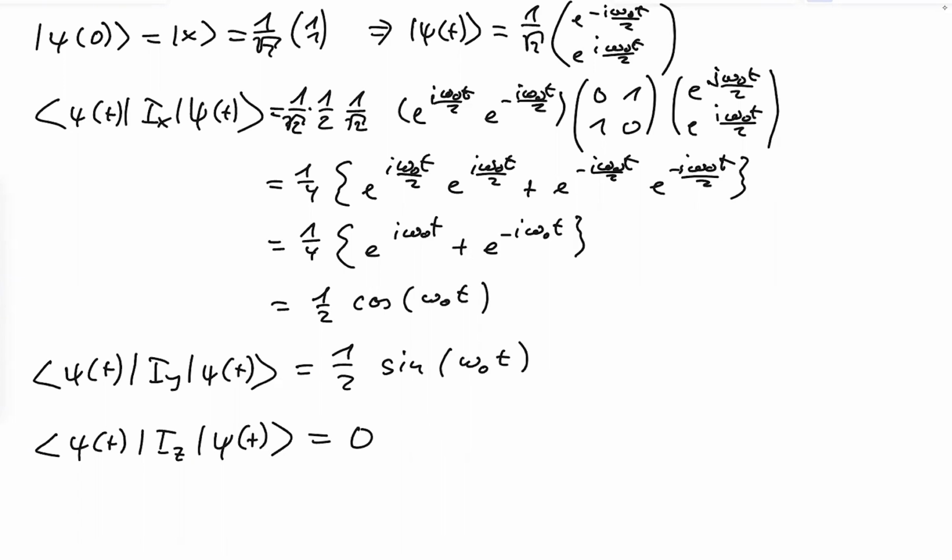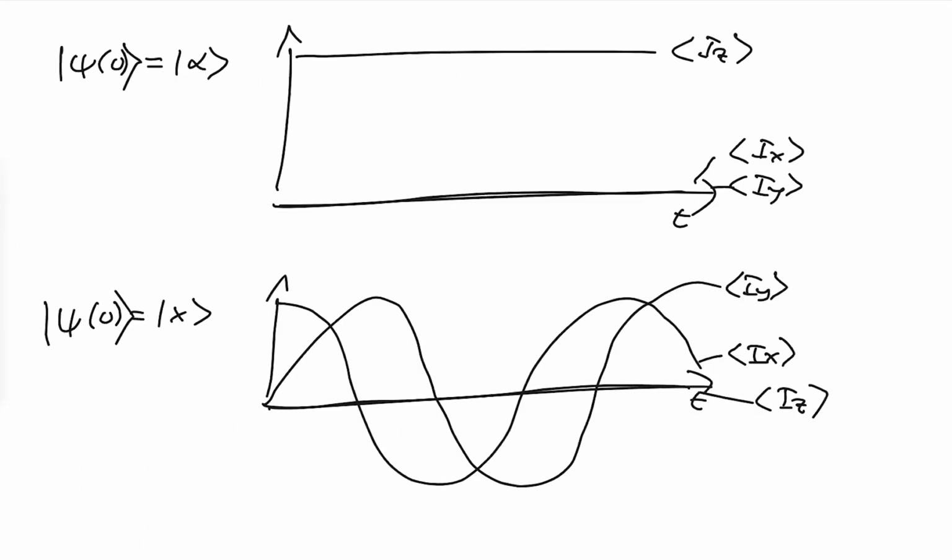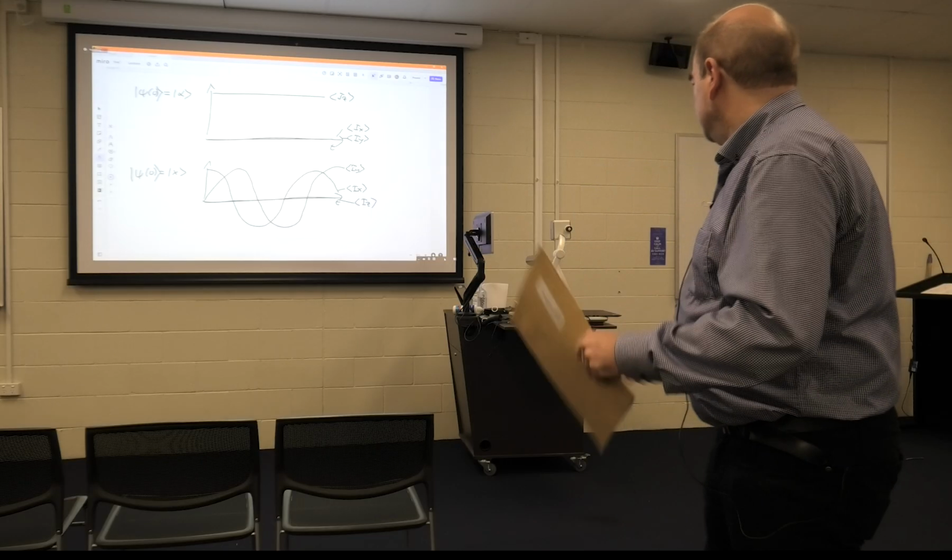On the other hand, if we have an x state in the beginning, then the x state will rotate with cosine omega 0 t plus the y component sine omega 0 t. So we simply describe a rotation with the Larmor frequency, as we expect. But now we calculated it with the exact formalism. Part 1 is done.